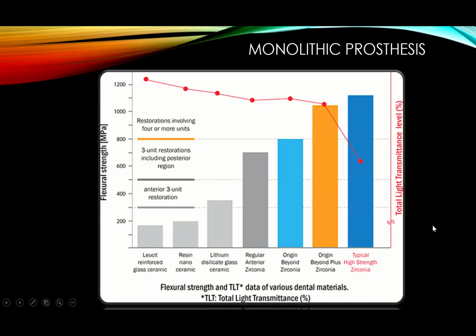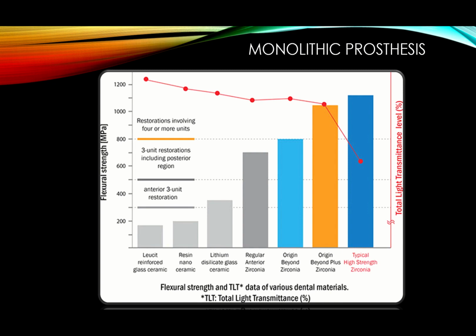The other thing I want to point out, and we will discuss this in detail too, just to warm you up: the stronger the prostheses are, the lower the light transmission levels they have. So more translucent usually means a weaker prosthesis when we talk about flexural strength specifically.